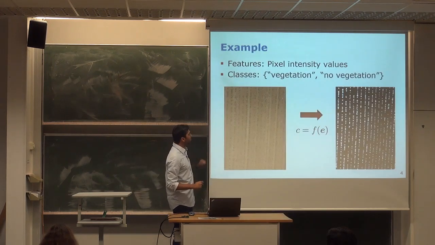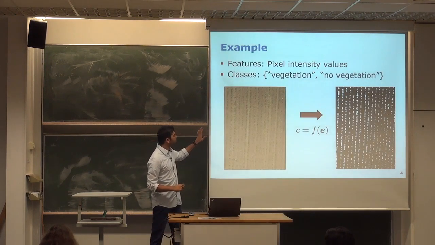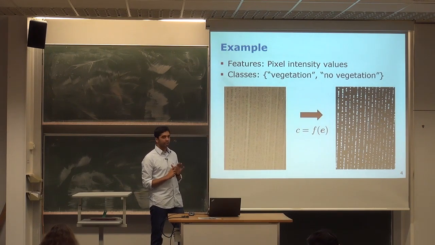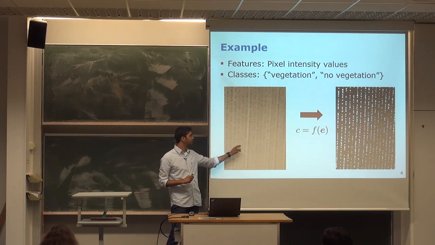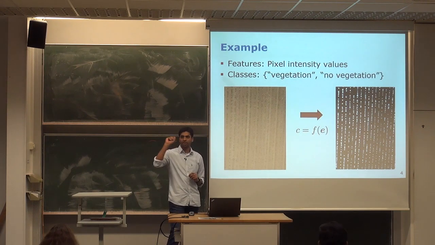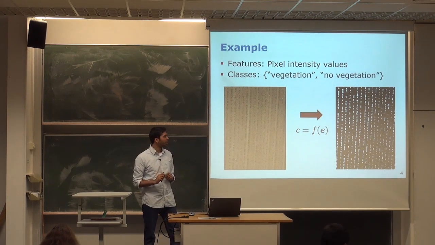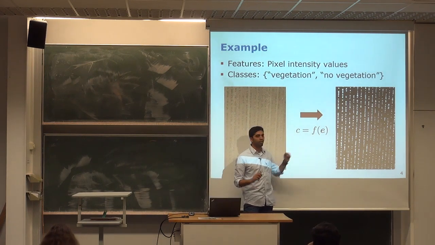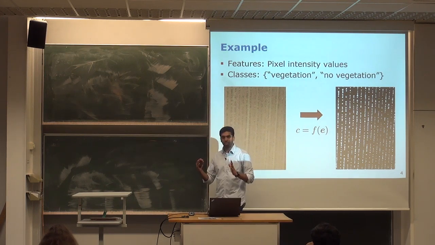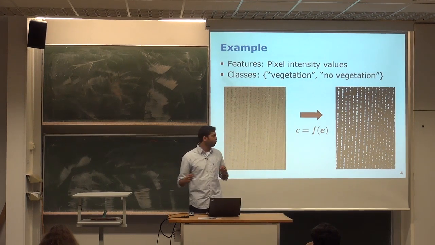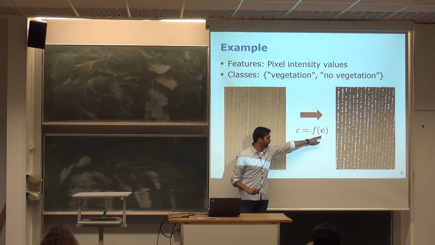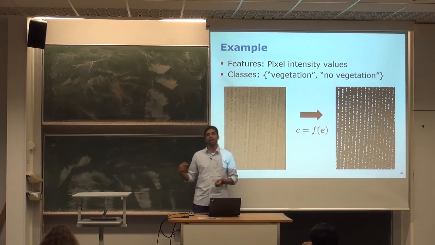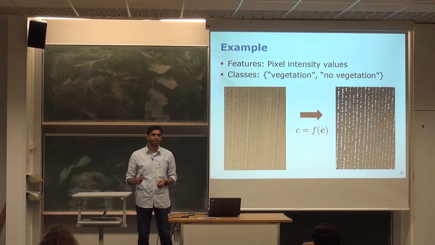Again, the same example here. In this case, we have the raw data as the image. Then our features in this case would be just, say, the intensity values of this image at each of the locations. And today's goal would be to come up with a reasonable f, which given these features E, in this case the pixels, returns me the C, which is the class of each of the pixels.